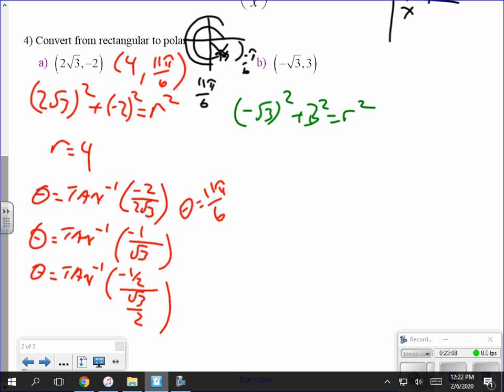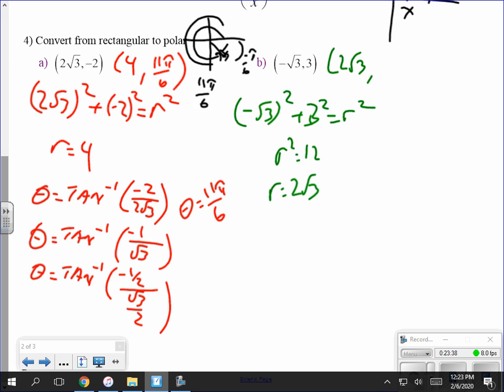What is negative root 3 squared? 3. What is 3 squared? 9. What's 3 plus 9? 12, which means that r squared is 12, so r is the square root of 12, which is 2 root 3. Simplifying your radicals. I love 2 root 3. So my r is 2 root 3.